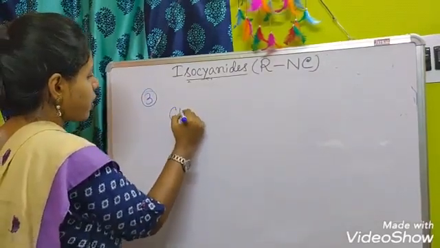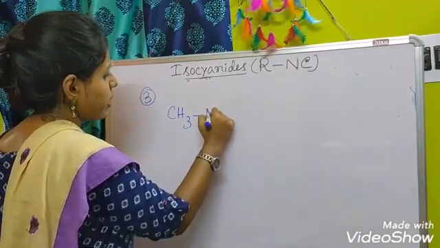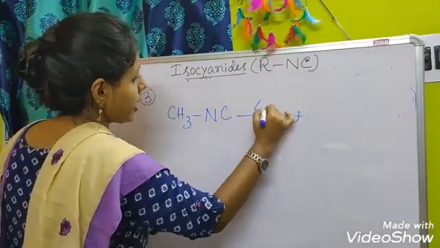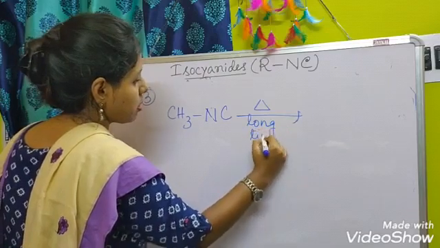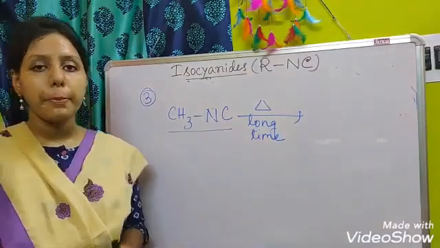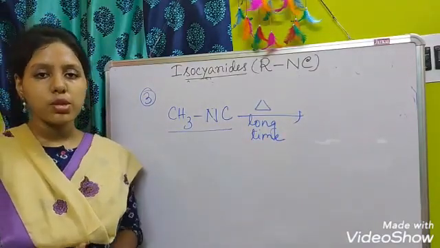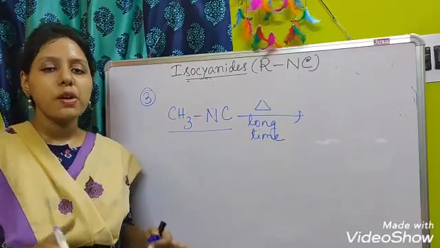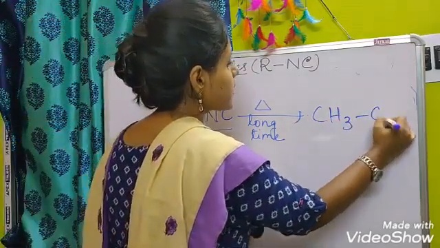Isomerization means if we are taking an isocyanide and heating it for a longer period, then there will be a change in the arrangement of this isocyanide, and it will go to the more stable form, that is the cyanide form, CH3CN.